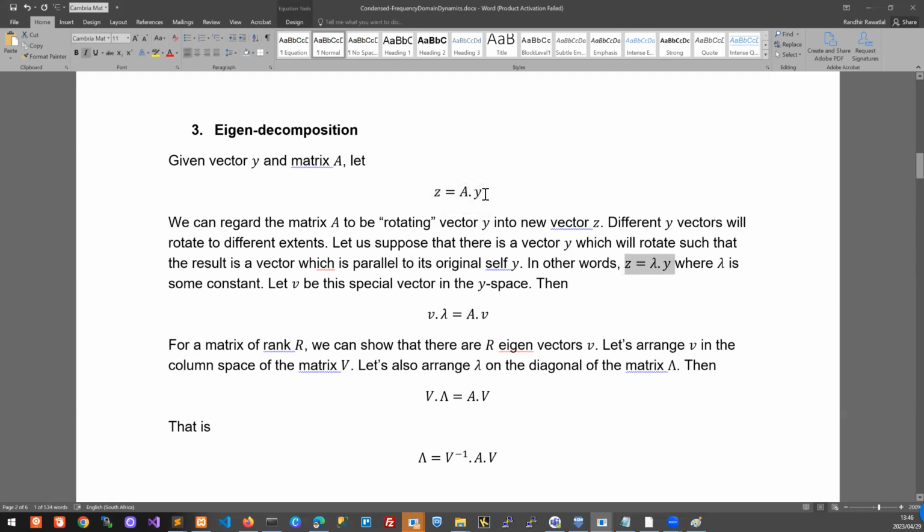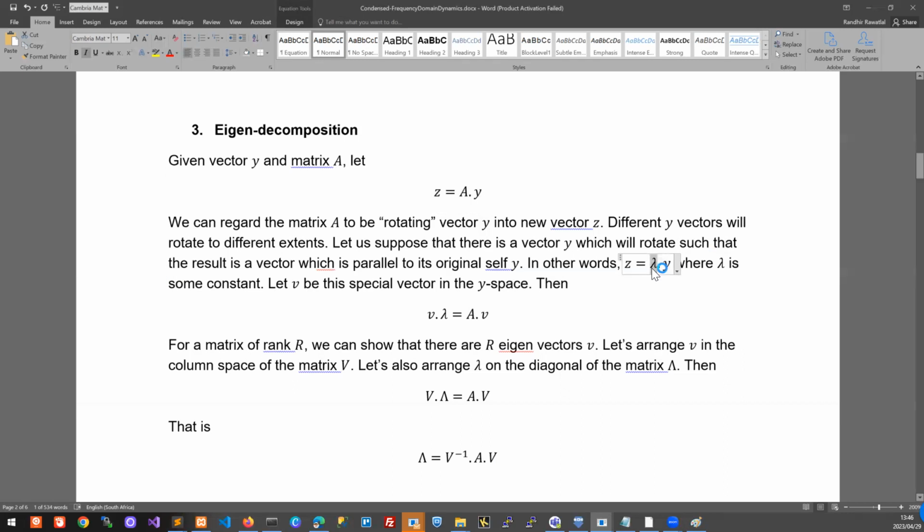Those are vectors which are properties of the matrix A. So associated with the matrix A are special vectors which, when you multiply them with A, give you a new vector which is parallel to that special vector. We let lambda be the constant, the parallelizing constant.